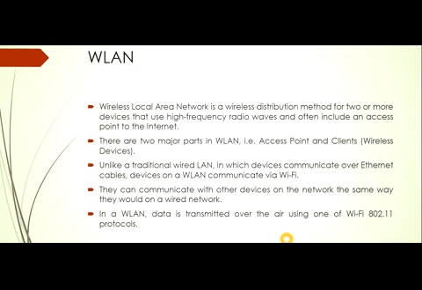A WLAN, the wireless local area network, is a network in which devices communicate with the internet using an access point, and they serve internet for different purposes using that access point without having any physical medium like an Ethernet cable or anything like that.